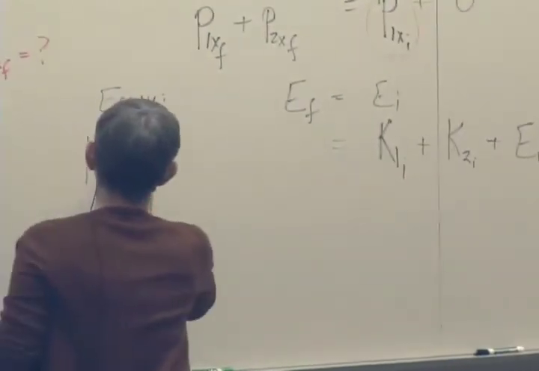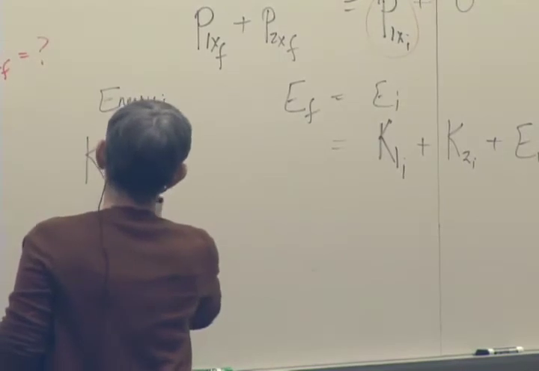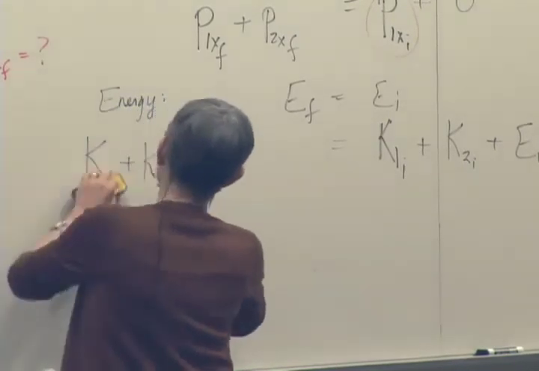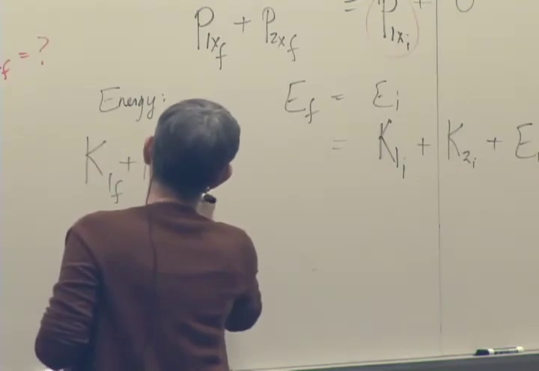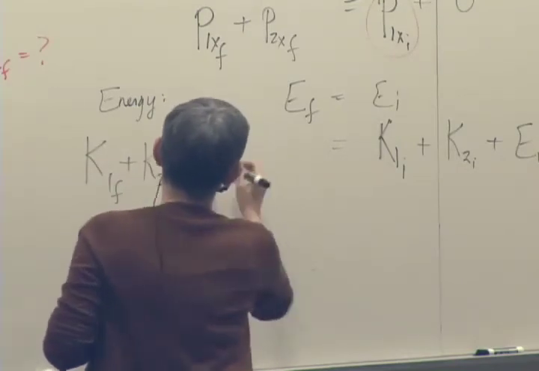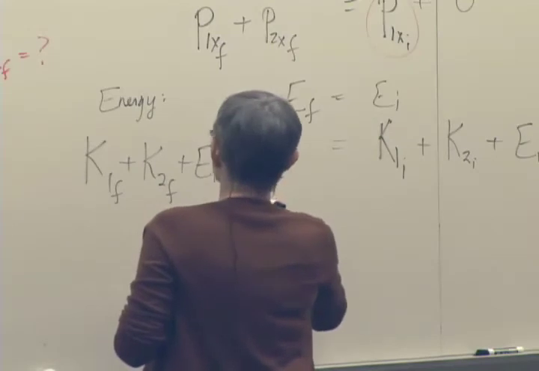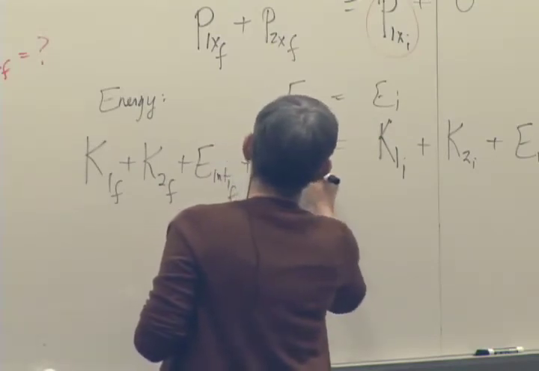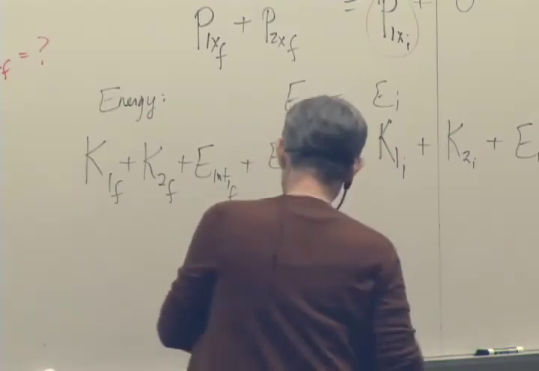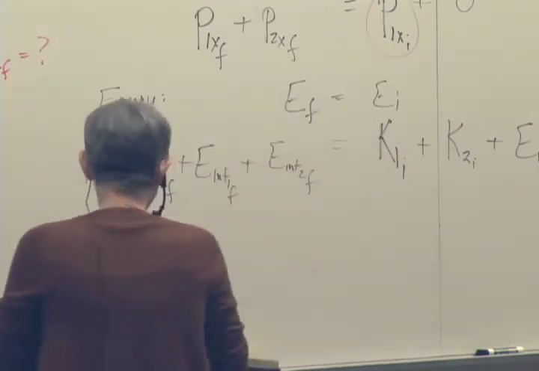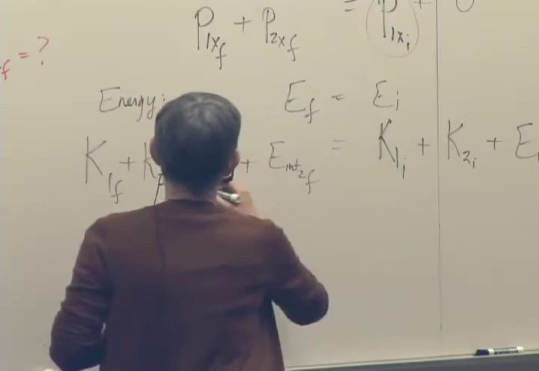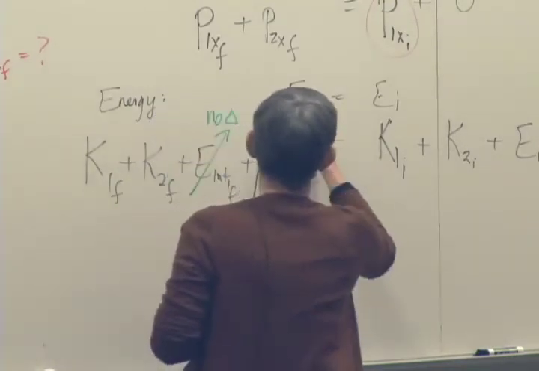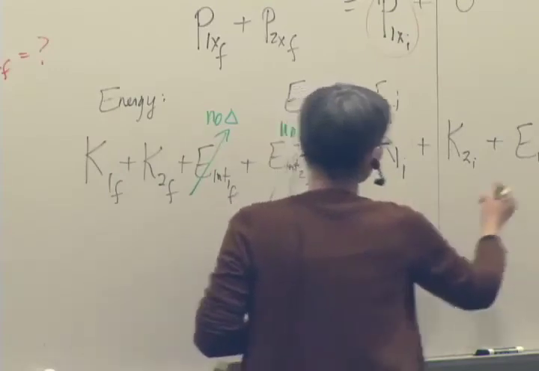We've got the final kinetic energy of cart 1 and the final kinetic energy of cart 2 and the final internal energy of cart 1 and the final internal energy of cart 2. And since we're saying elastic, we can say that there's no change in these things.